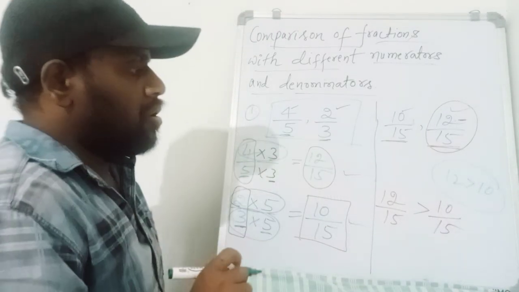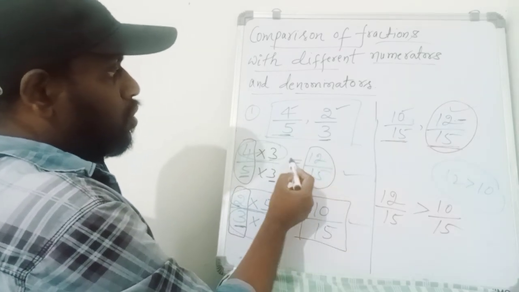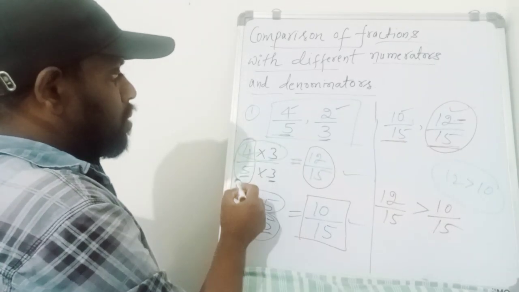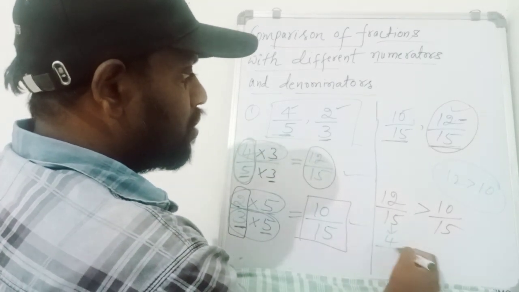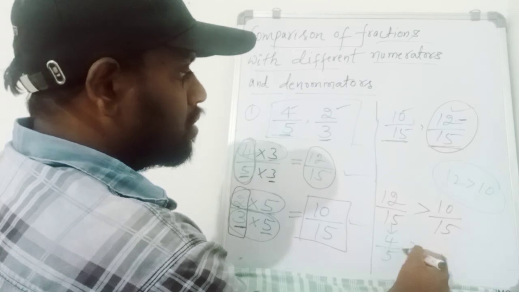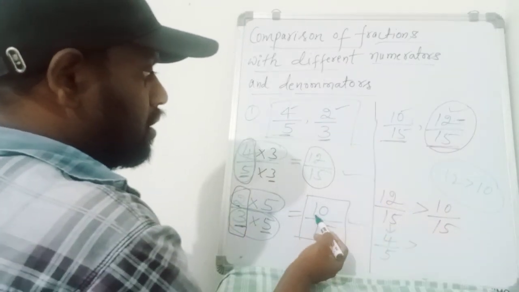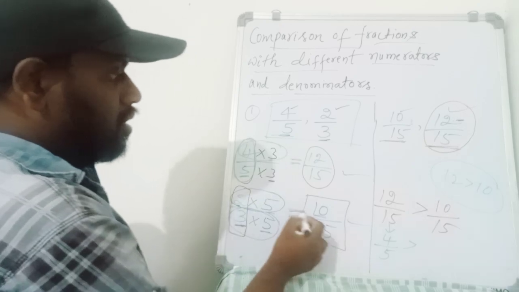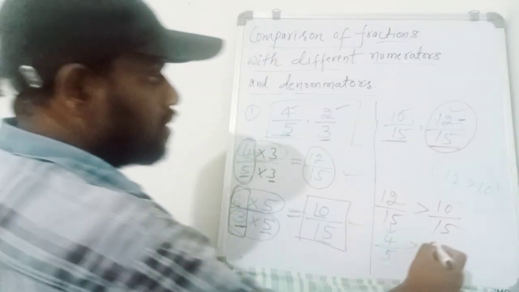Now, we have seen here this 12 by 15 is equal to what? This 4 by 5. So in this place write 4 by 5, greater. Next is 10 by 15. 10 by 15 is equal to this one, 2 by 3.